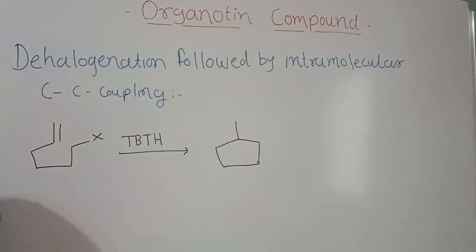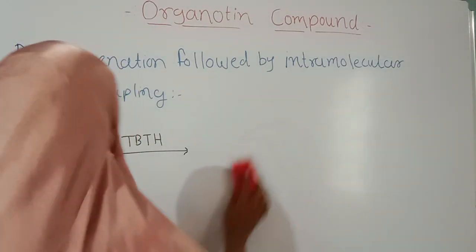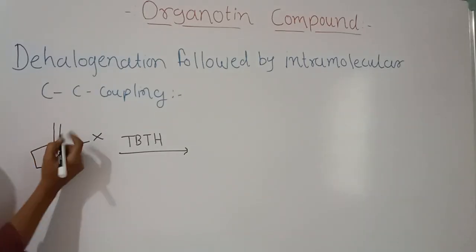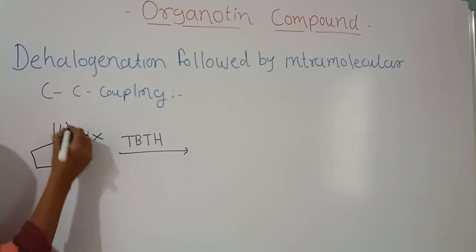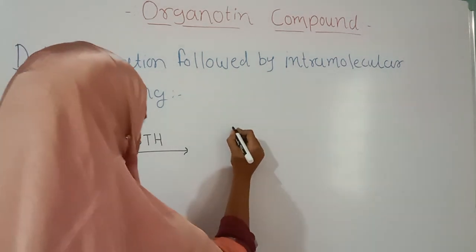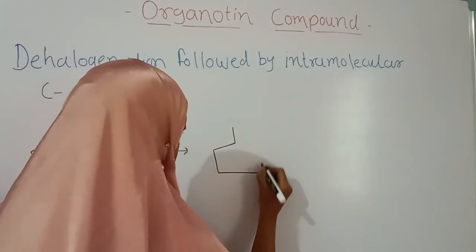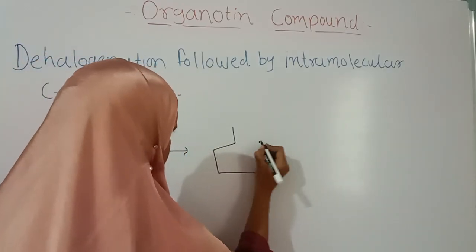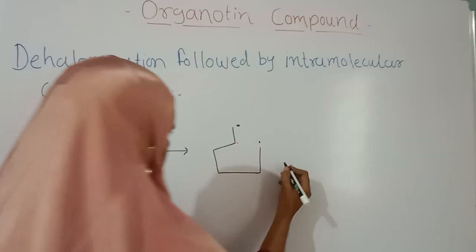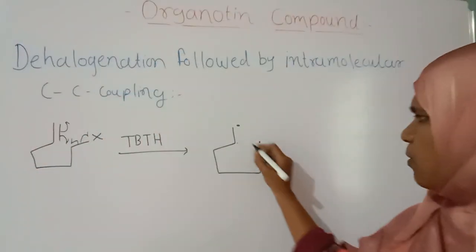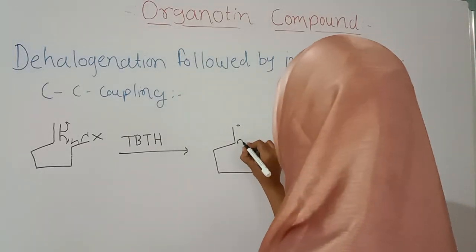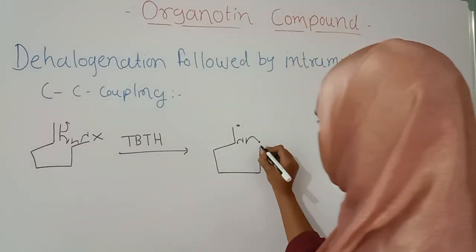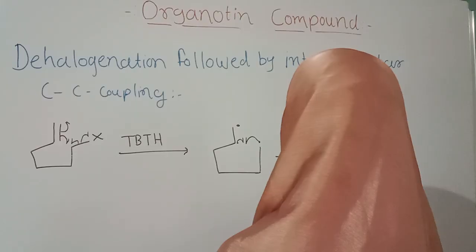We know that it is a free radical mechanism. In this, there is formation of a radical. Then we get a diradical species, or simply we can form the bond between this radical and this radical, which is a primary radical, highly unstable.